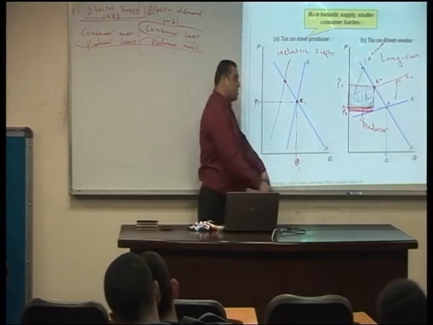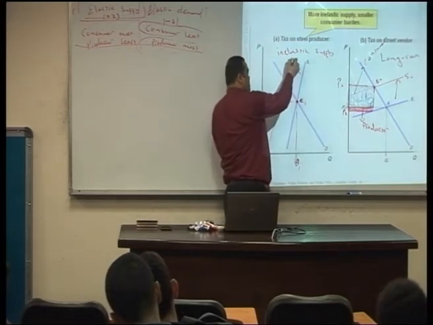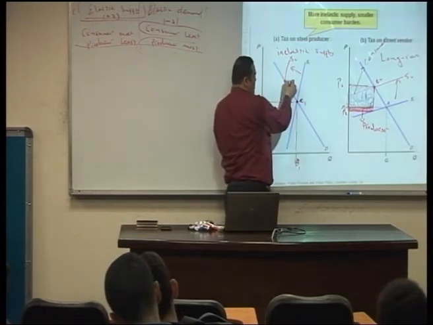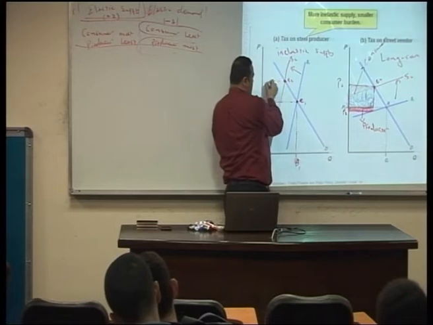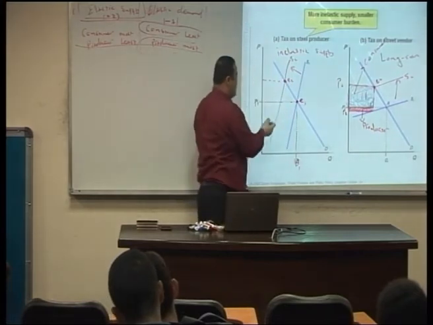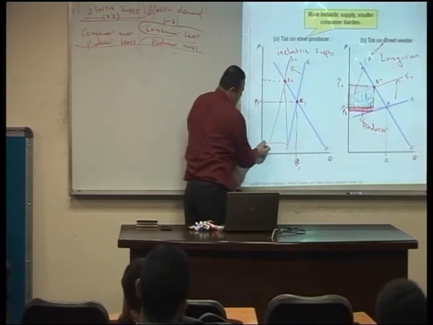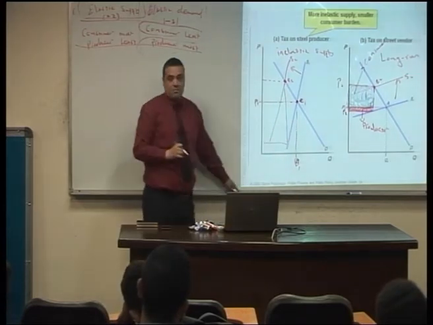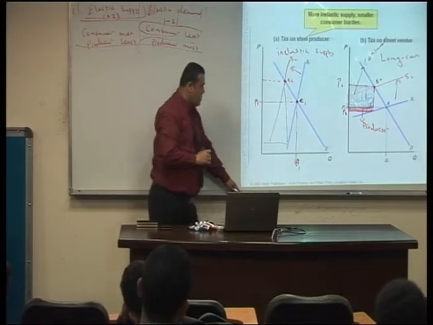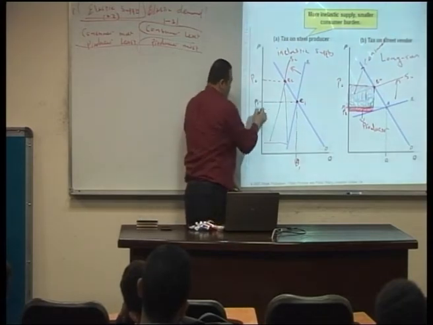When the government imposes a tax, supply shifts left to S2. This is the new equilibrium point, E2. This is the price paid by the consumer, and this is the price received by the producer. This is P2, P3.